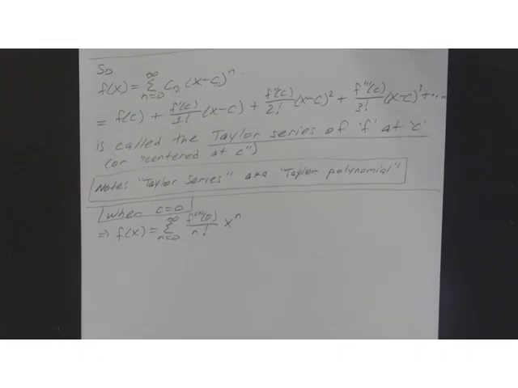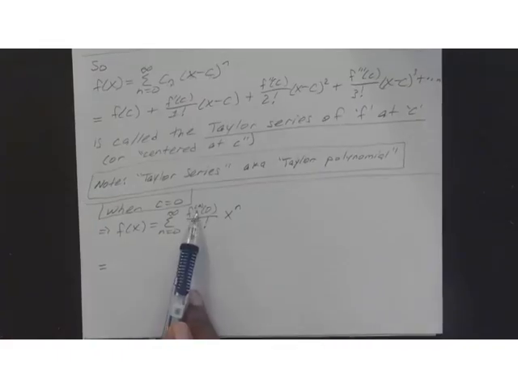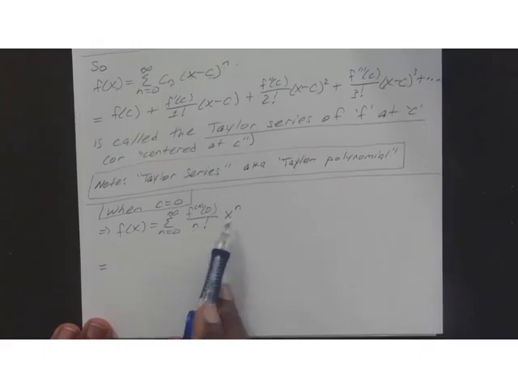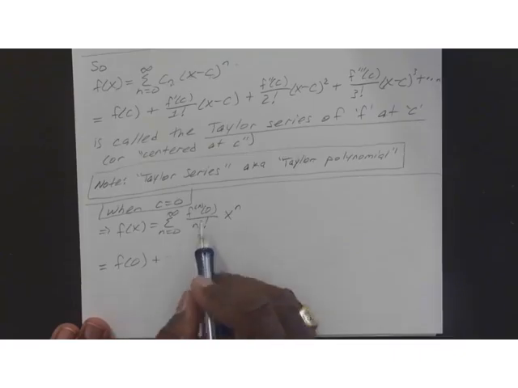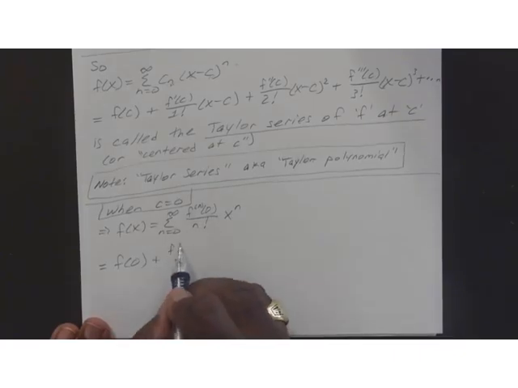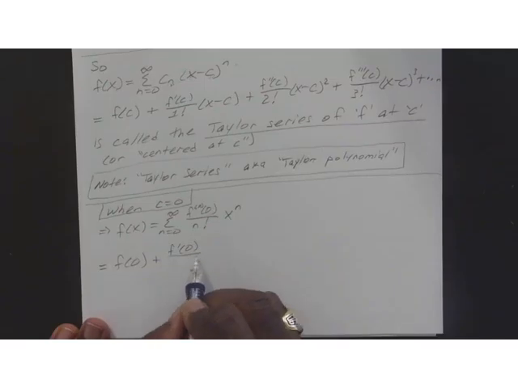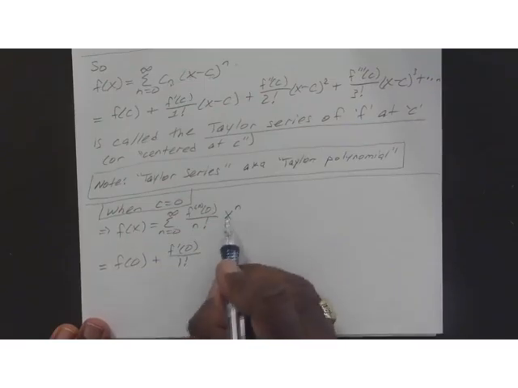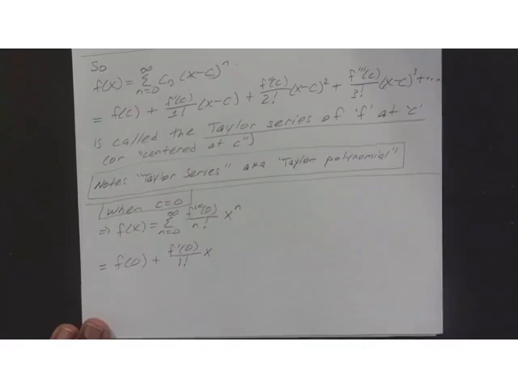Okay, so if we expand that a little bit, when n is equal to 0, that's just our function because it's the 0th derivative. That's just f of 0 divided by 0 factorial times x to the power of 0. That's just f of 0. n is equal to 1, so that's plus the first derivative at 0 divided by 1 factorial times x to the first power, which is just x.